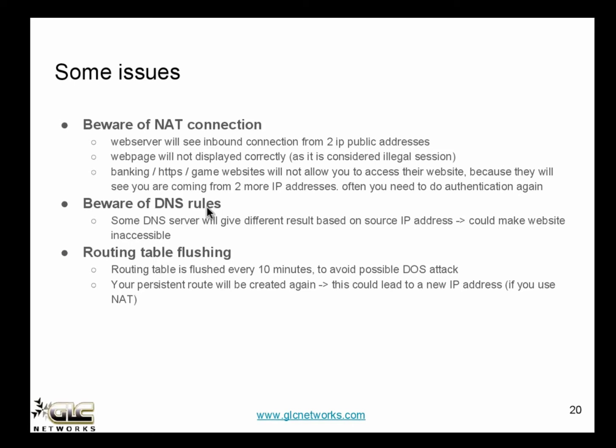For example, at first the first connection goes to ISP1 and the second connection to ISP2. After the flush, there is a 50% chance to stay on ISP1 and also a chance to change to ISP2.